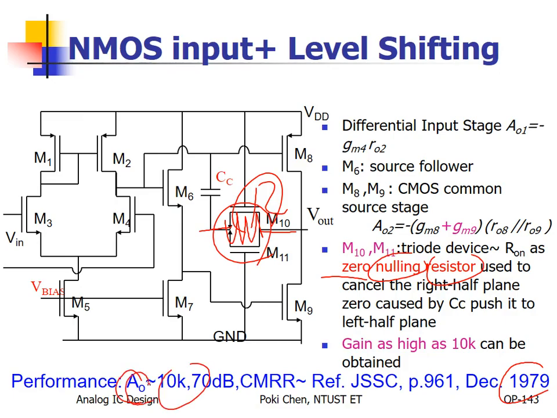Congratulations! The gain is around 10,000. Hey, guys, look! 40 years ago, humankind with a very bad process could achieve more than 10,000 in gain. How about you? 100,000, hopefully. And you can see the phase margin is 70. Through the help of this resistor, otherwise they could not make it. So this is also a very important idea for you.